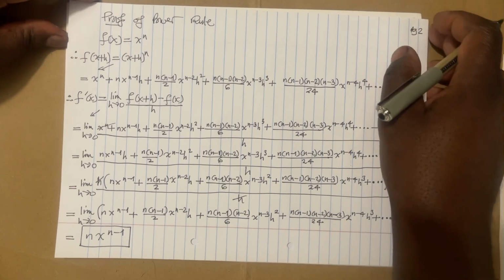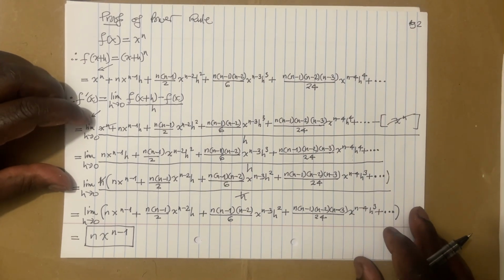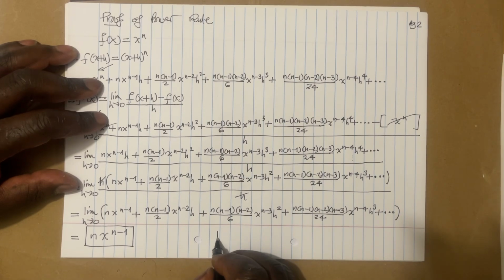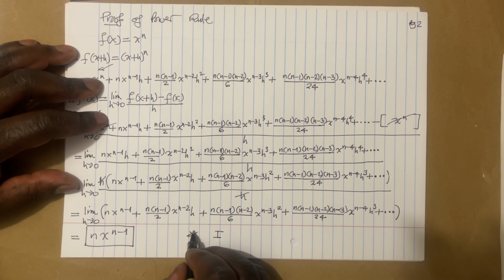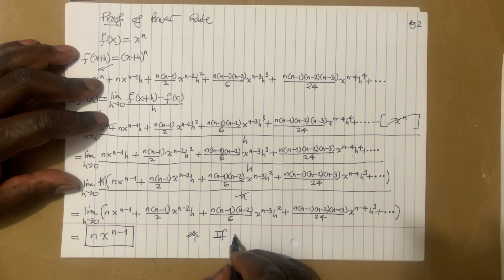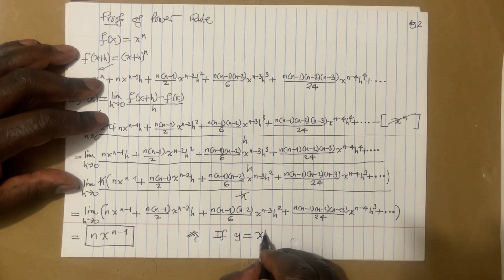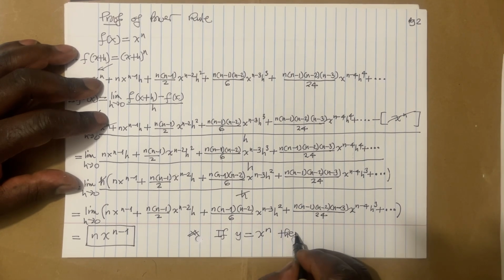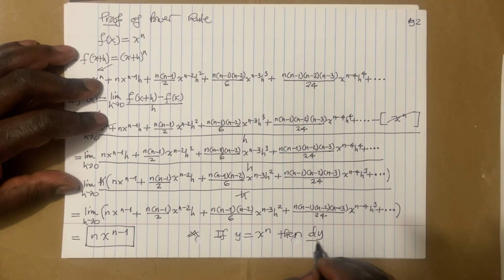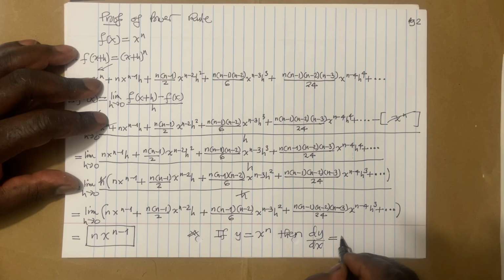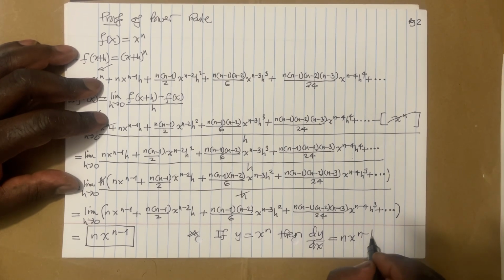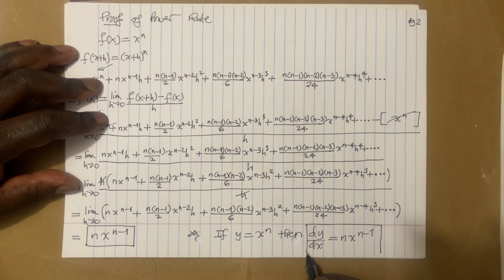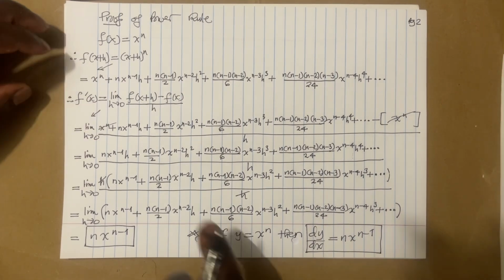And if we use what we call Leibniz notation, we're basically saying that if y equals x power n, then dy dx must be equal to n x power n minus 1. And the proof is what we've just given you here by using first principles. And that's the proof.